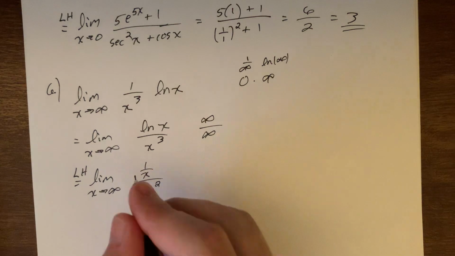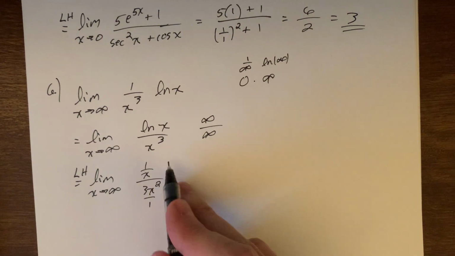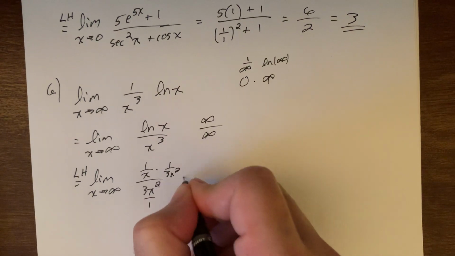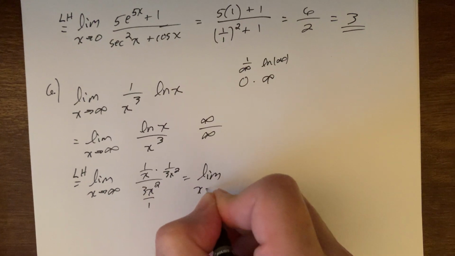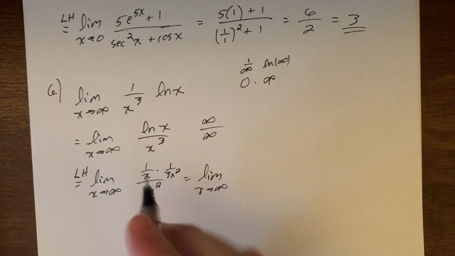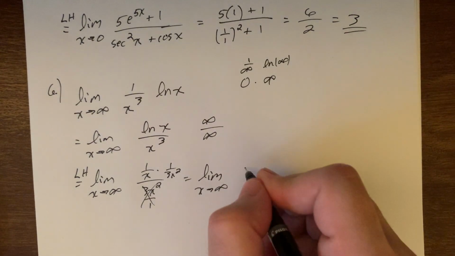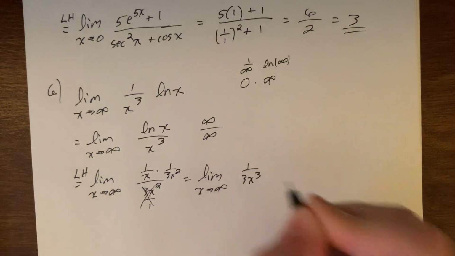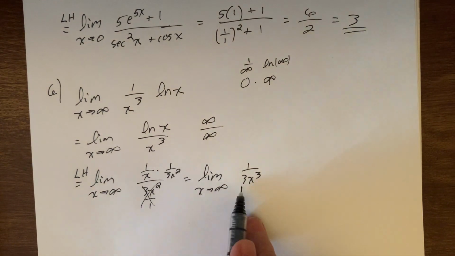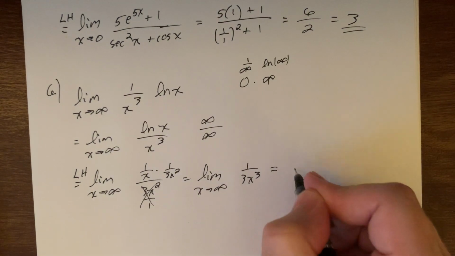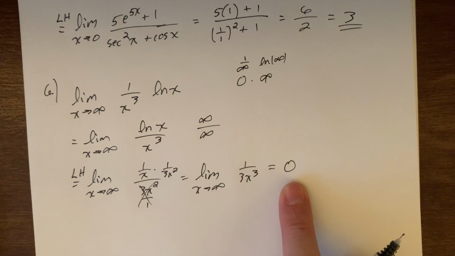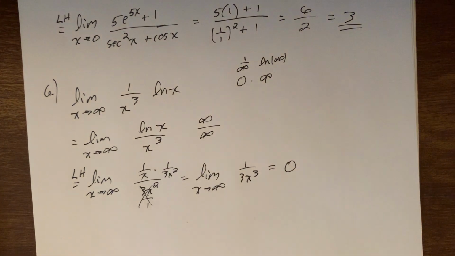Here, do yourself a favor, right? Clean this up. Instead of leaving this ugly fraction, multiply by the reciprocal. So I'm not applying L'Hopital's rule. This is just a little bit of algebra cleanup. I get 1 over 3x cubed. And as x goes to infinity, 1 over 3 times infinity cubed, 1 over infinity, takes me to an answer of 0.